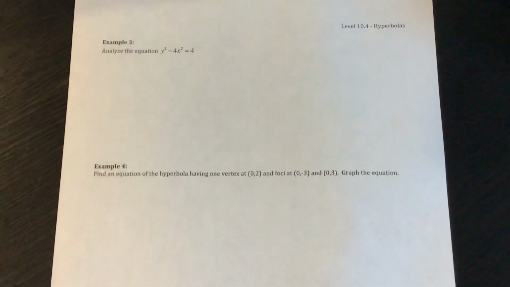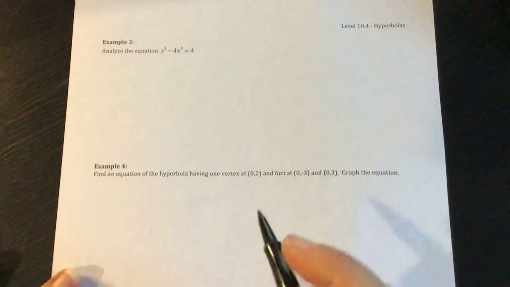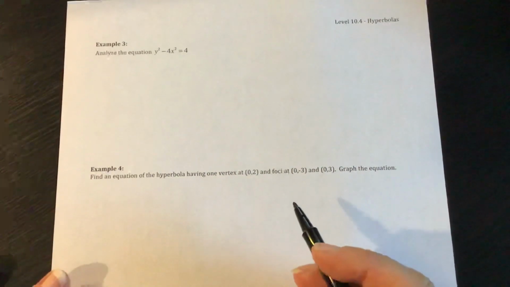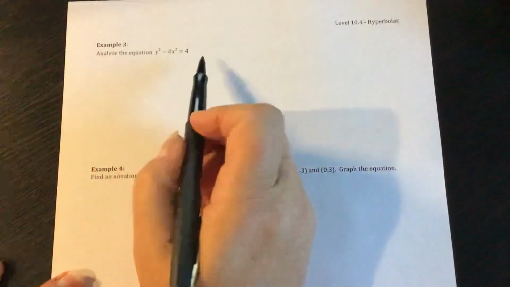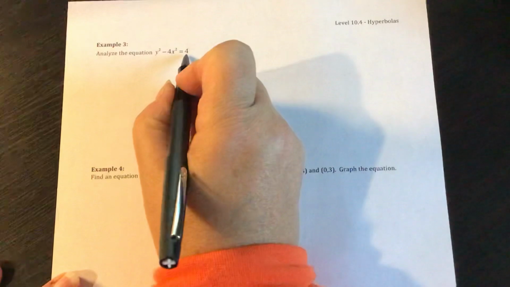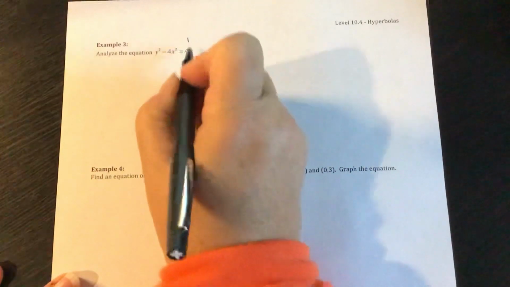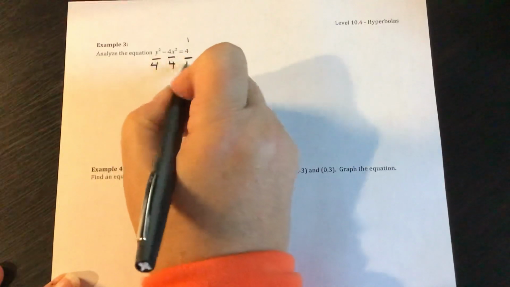So looking at the next page, it says to analyze the equation. So first we need to put it in the right form, and we do need this to be a 1 at the end. So I need to divide all parts by 4.